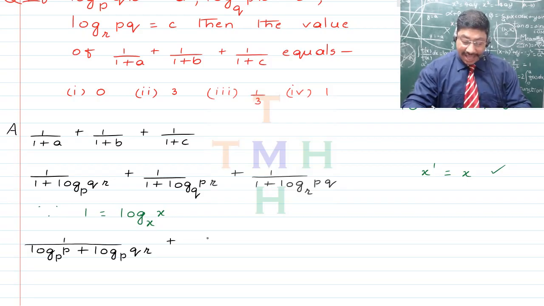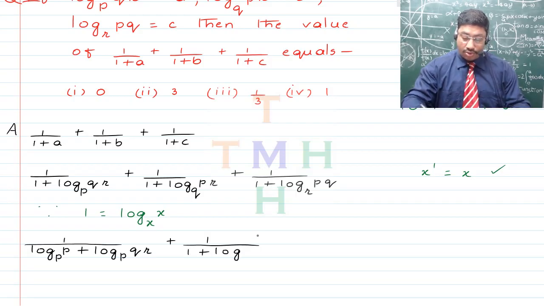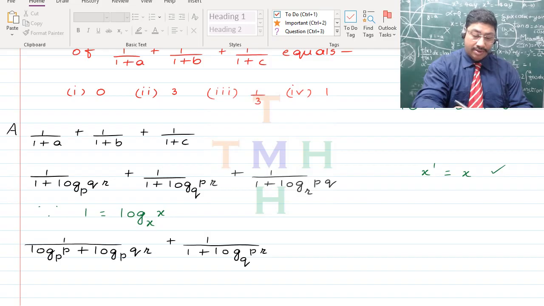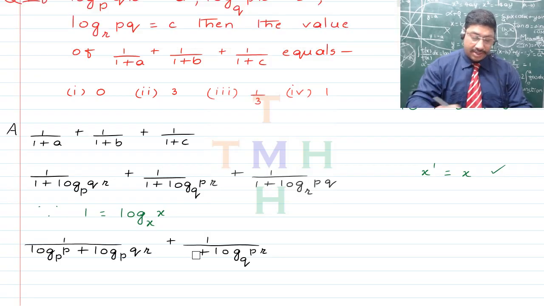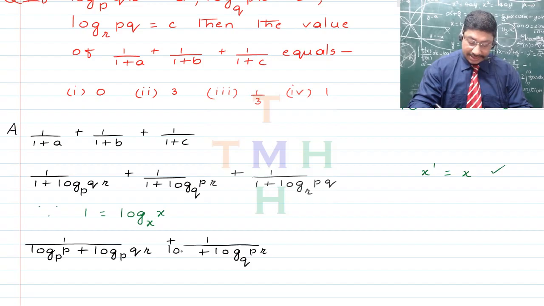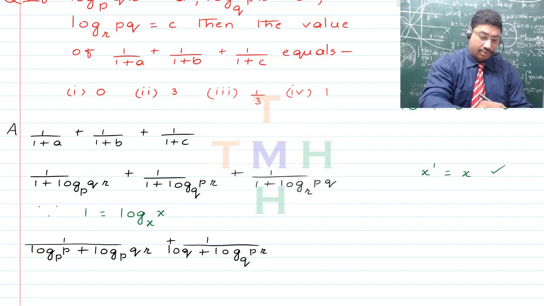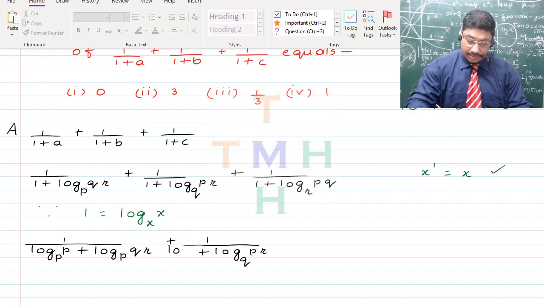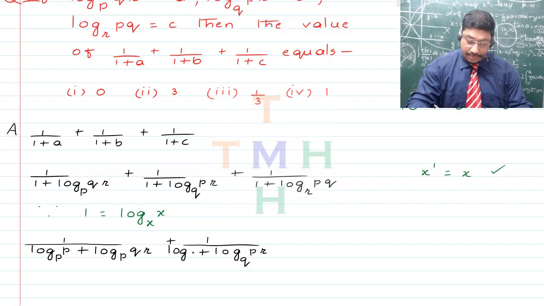Now to this is added 1 upon 1 plus log of PR, which is to the base Q. Now we also require to convert this 1 in terms of log Q. As such, we will say that this is log of Q, which also has a base of Q, right?